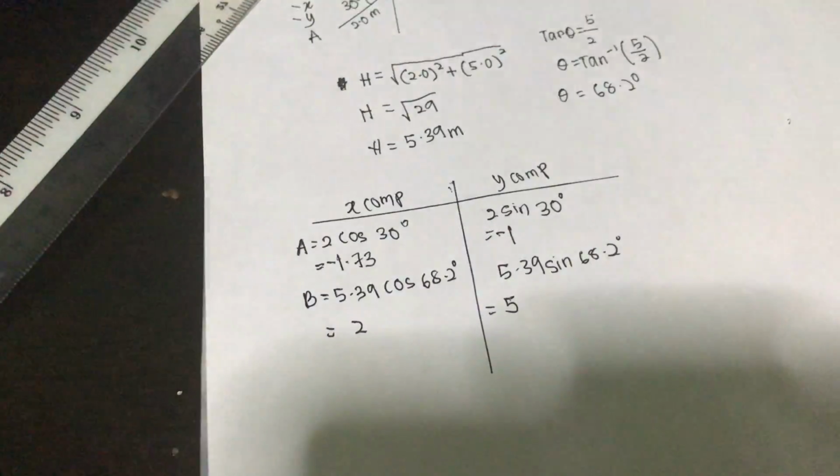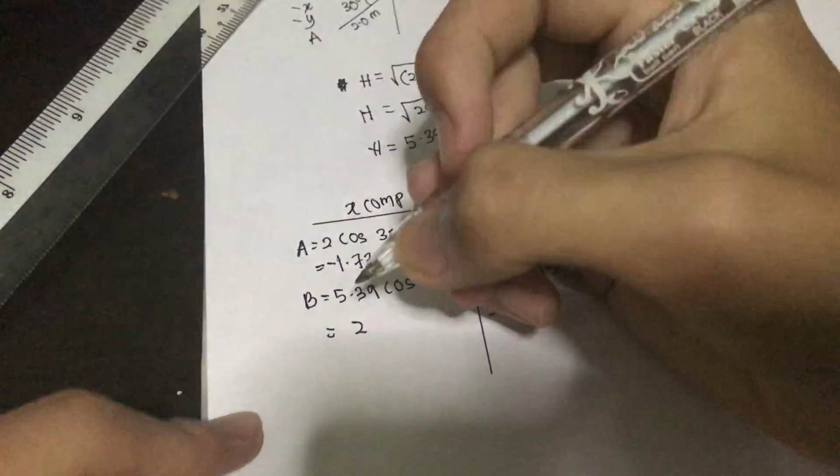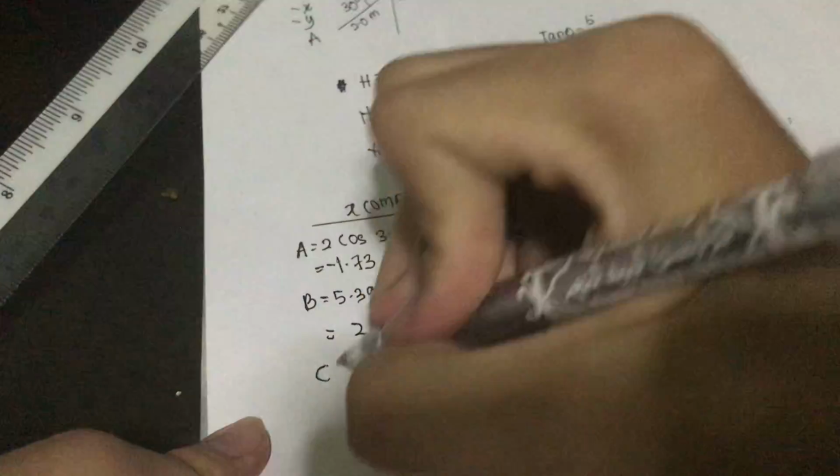So we have A and B, and we should find C, but C we don't know yet.